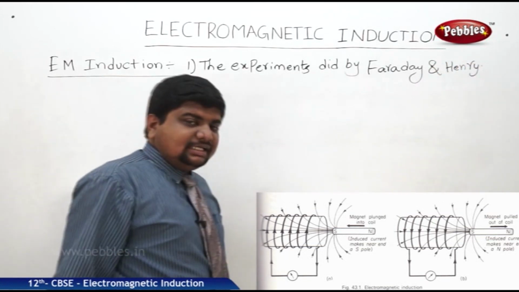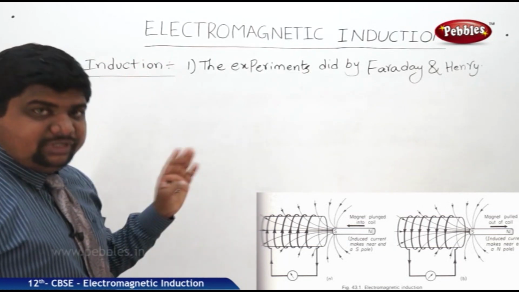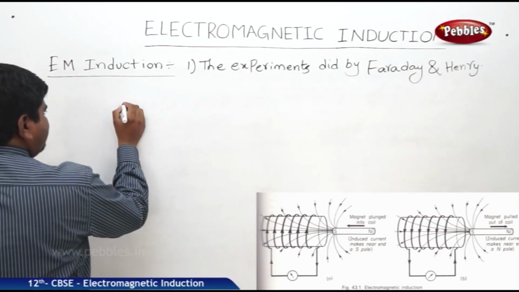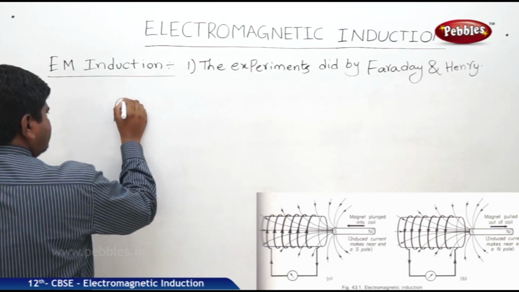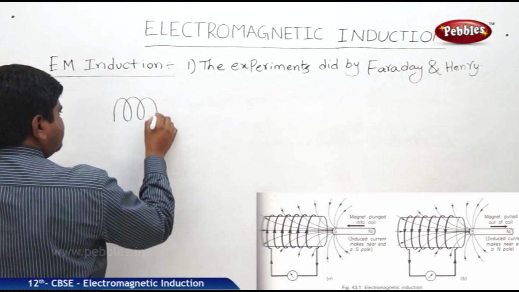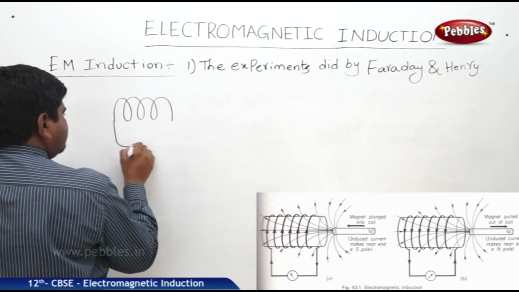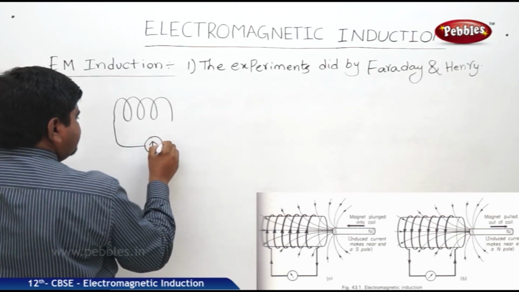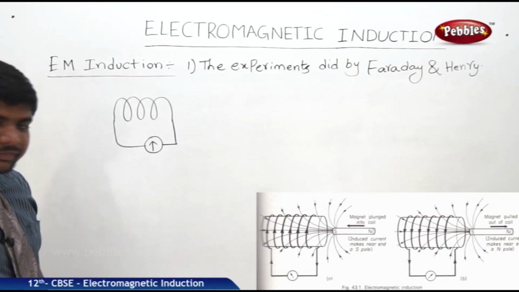These two scientists did the experiments to check the converse effect, meaning electric field to magnetic field. For that purpose, they took one coil, with its two ends connected to a galvanometer.